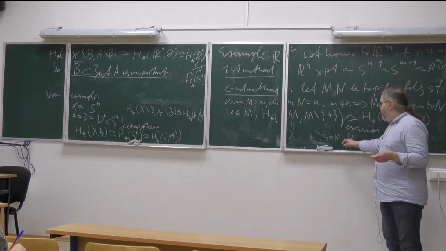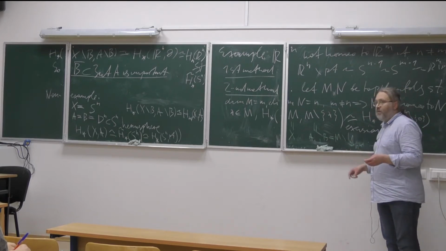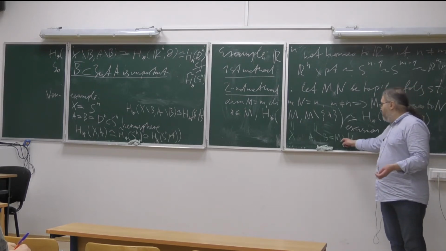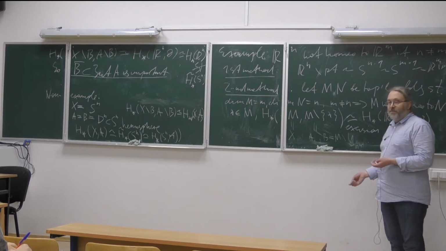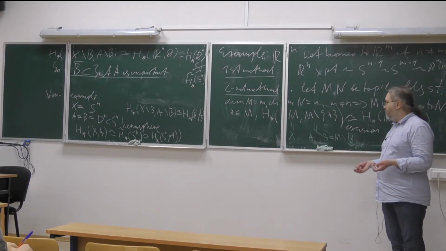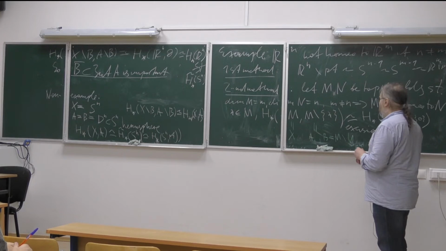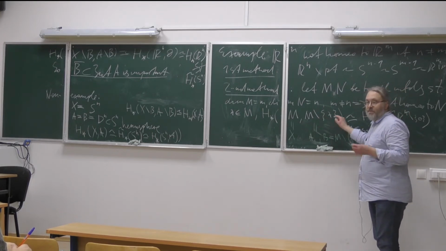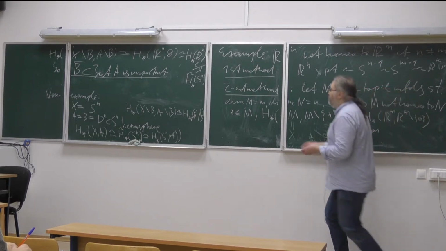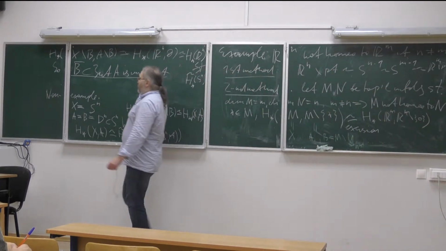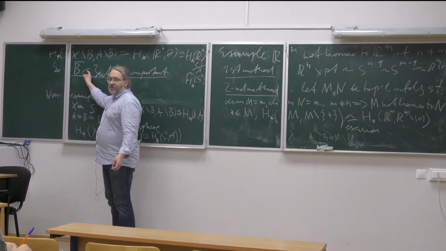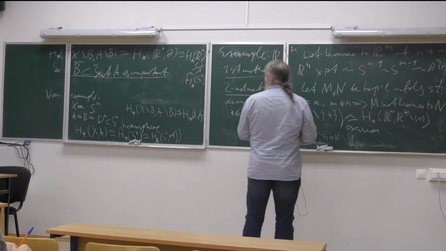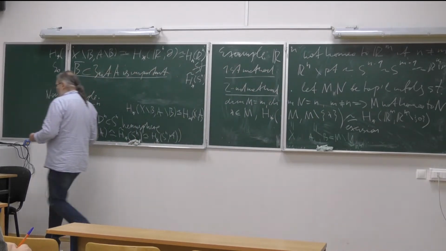Well, let me take B to be the complement. The complement of an open set is closed, and this M minus x is open. So this condition, in our case, is automatic.